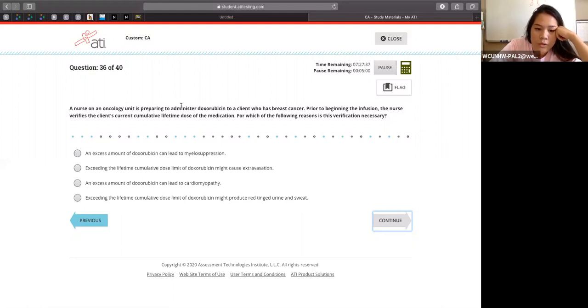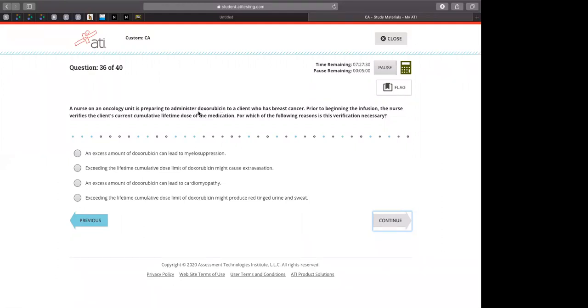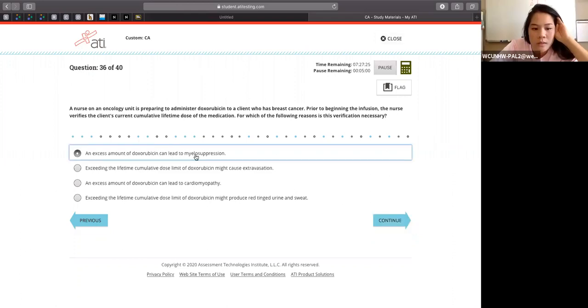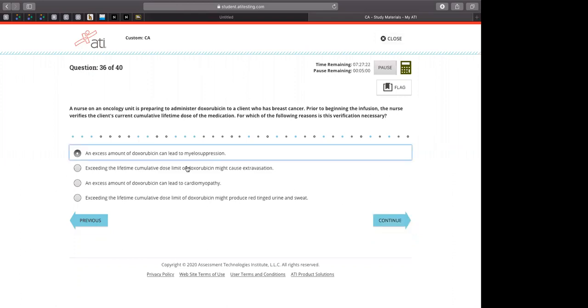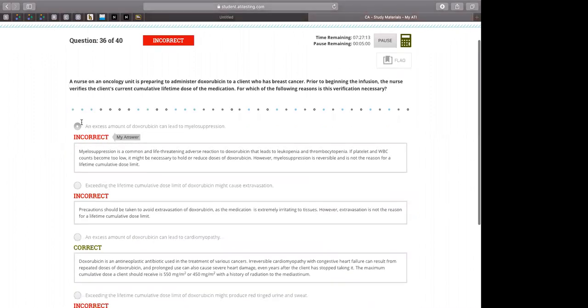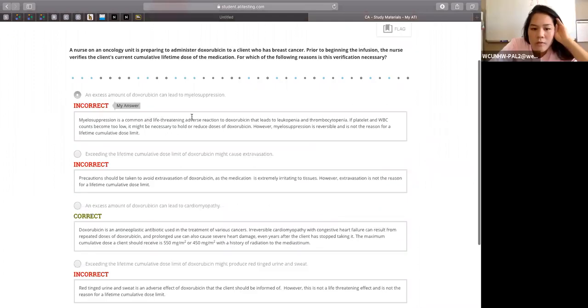Okay, so the patient has breast cancer and the nurse is about to administer doxorubicin. Maybe A. It's this one. It's not A because the common and life-threatening adverse effects of doxorubicin are leukopenia and thrombocytopenia.